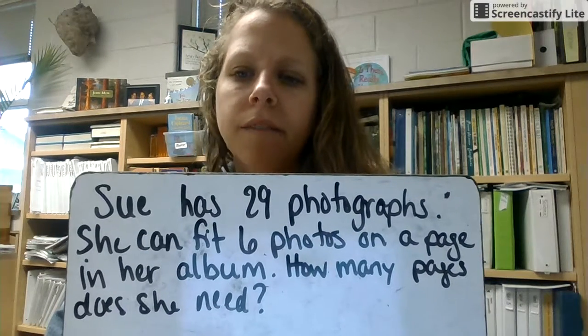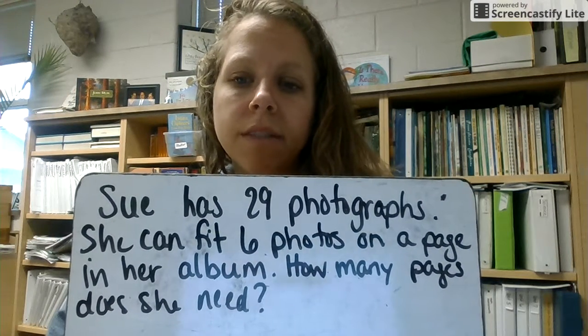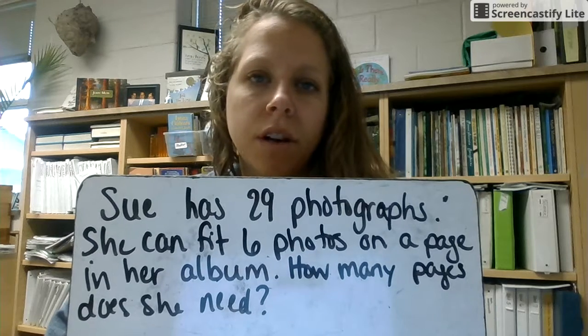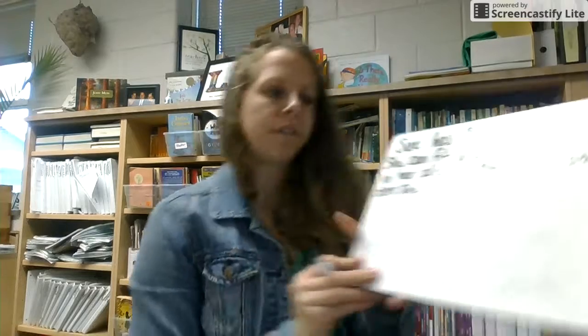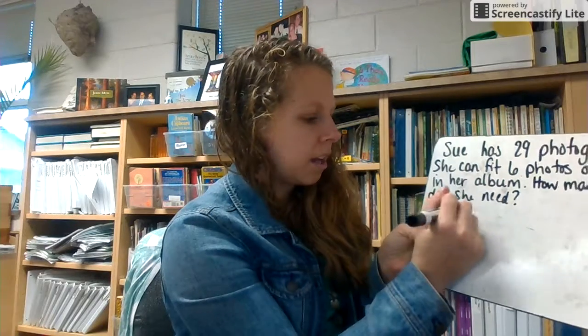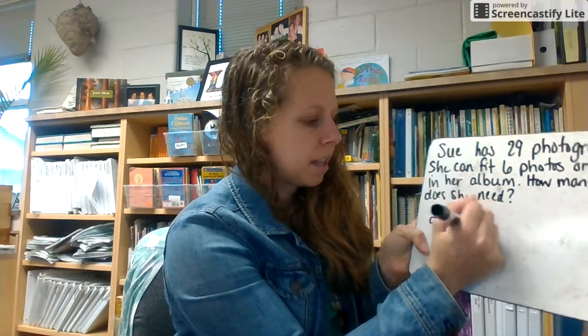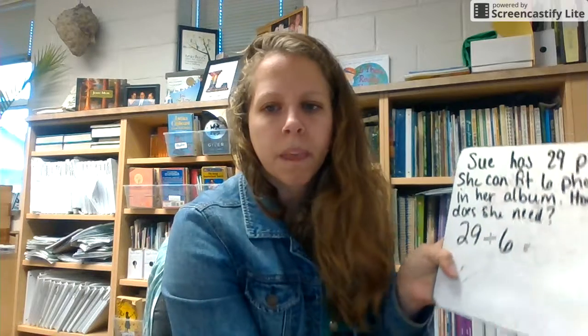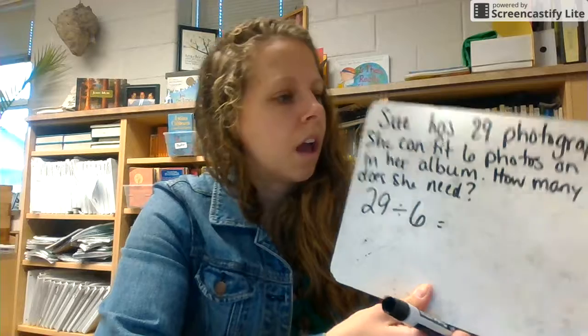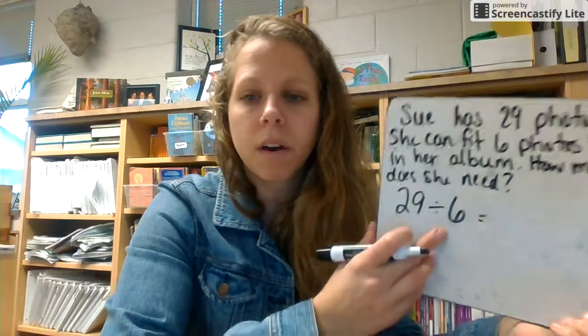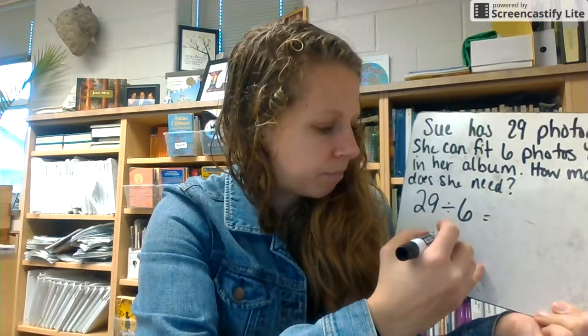Here's our question. Sue has 29 photographs. She can fit 6 photos on a page in her album. How many pages does she need? So once you've figured out that we're looking at 29 divided by 6, okay, you're going to see that, whoops, I went the wrong way there. The closest I can get without going over would be 6 times 4.